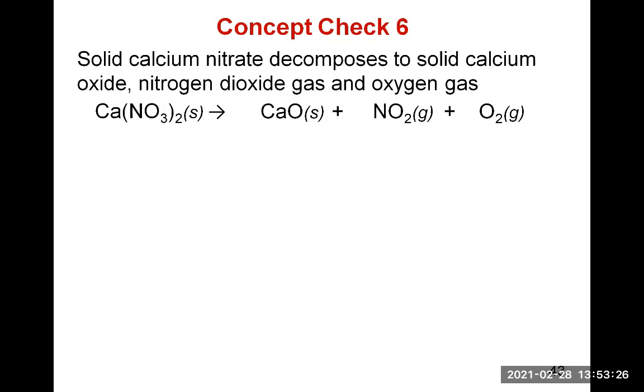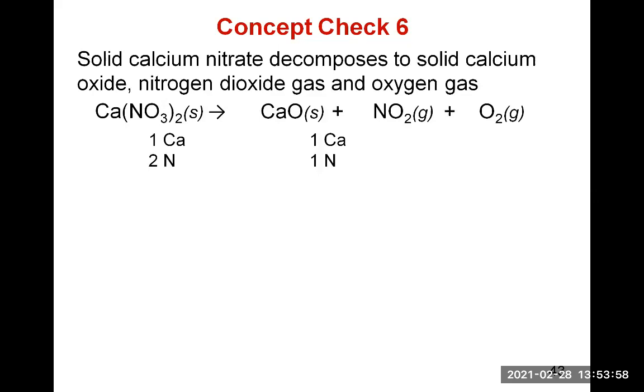So let's count the number of atoms of each kind on both sides of the arrow. On the left, we have 1 calcium, and on the right, 1 calcium in CaO. On the left, we have 2 nitrogen because we have 2 nitrate per calcium. And so the 2 applies to the nitrate. And we have then 2 nitrogen atoms on the left and only 1 on the right from the NO2.